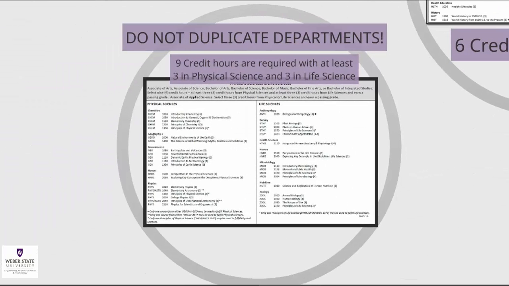The last portion of your breadth requirements is the physical and life sciences, found on page 3 of the General Education Requirement Sheet. This requirement works much like the creative arts and humanities in that you need to complete 9 credit hours. Of those 9 credits, you must complete at least 3 credits in physical science and 3 credits in life science.